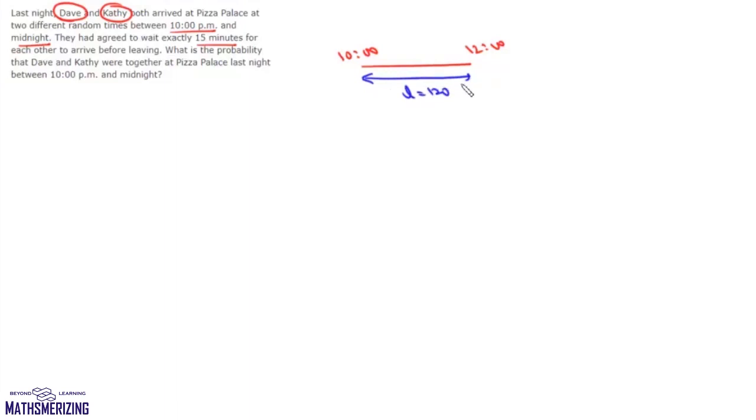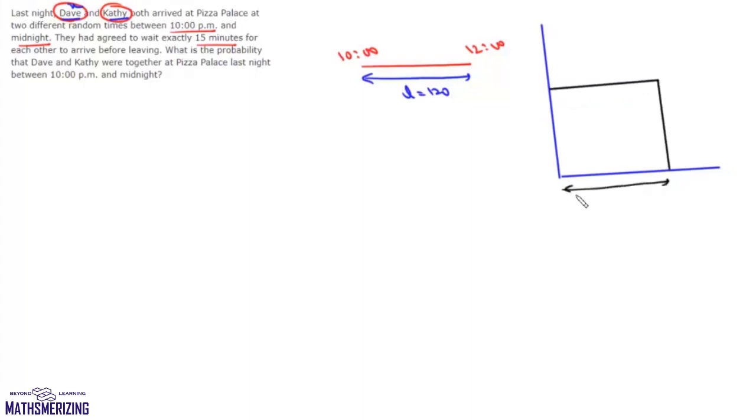Now since we have two variables, one for Dave and one for Kathy, how do we write the sample space of their arrivals? Since we have two variables, we can represent this sample space as this square of length 120 units, represented by these variables x and y.